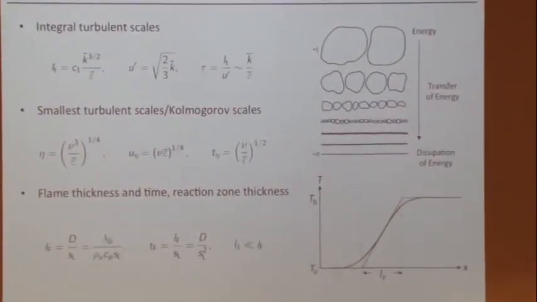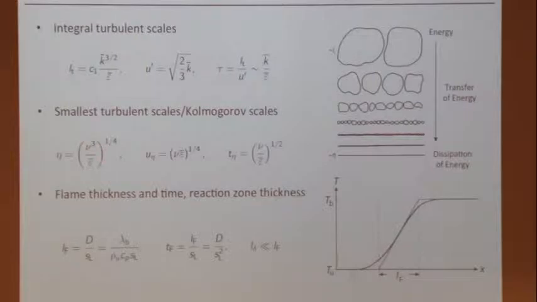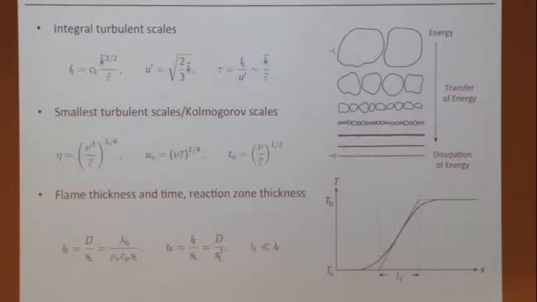The smallest turbulent scales are the Kolmogorov scales, and these depend on nu and epsilon. For the laminar flames, we defined the laminar flame thickness as D over SL, or like this if we use unity Lewis number, and then there's a flame time also. It can be written like this or like this.